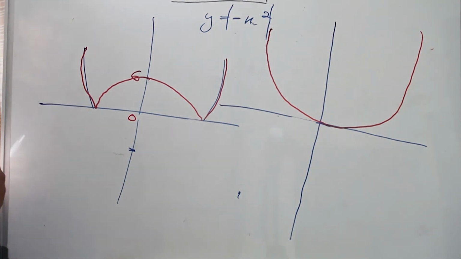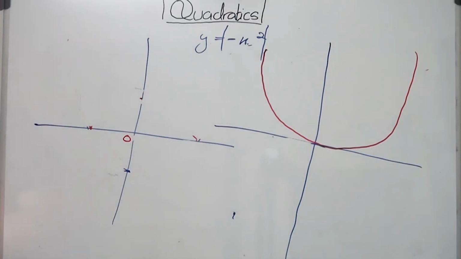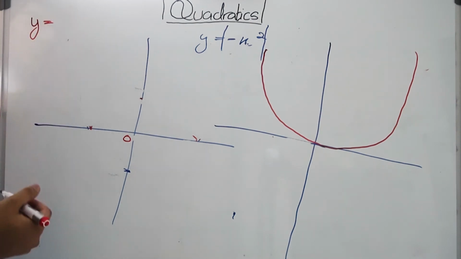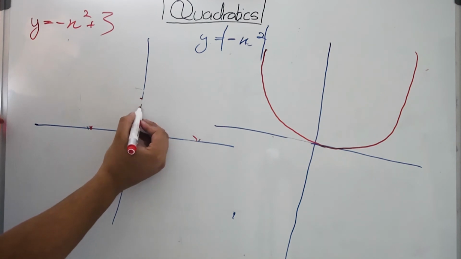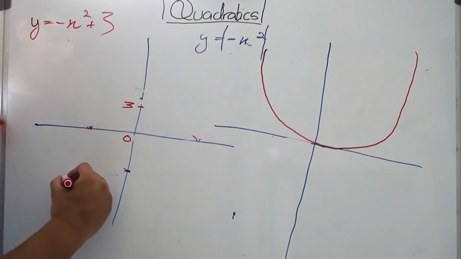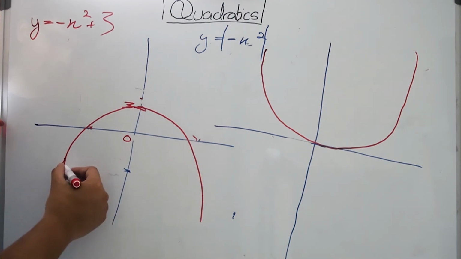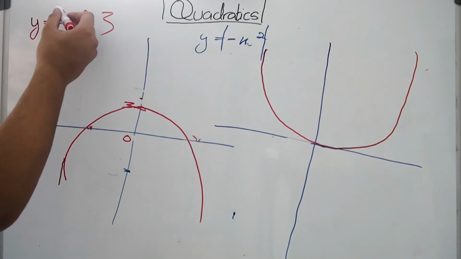Let's try that one last time, but with a different question. This time let's say the graph is y equals minus x square plus 3. So if this is 3, the graph will look like this. Now the same as before, let's add a modulus.